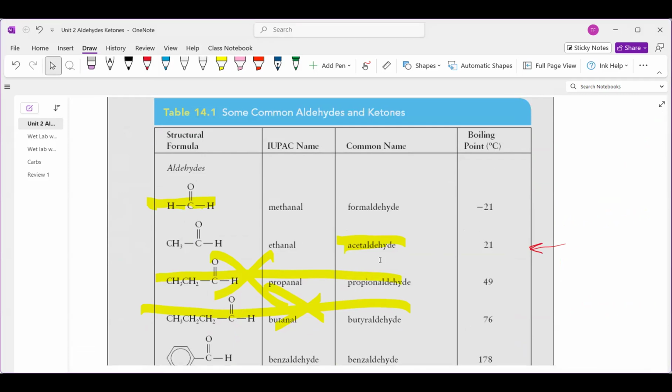So there's formaldehyde with one carbon, acetaldehyde with two carbons, benzylaldehyde based on a benzene. The rest of them don't bother memorizing. They're not used that often.